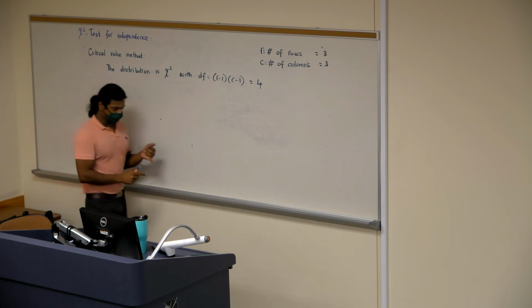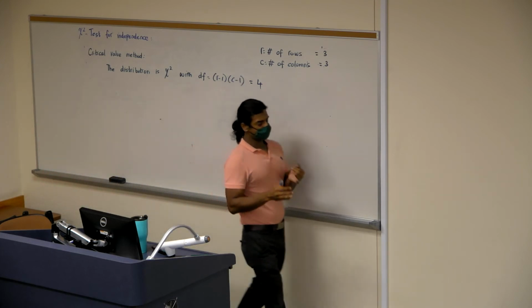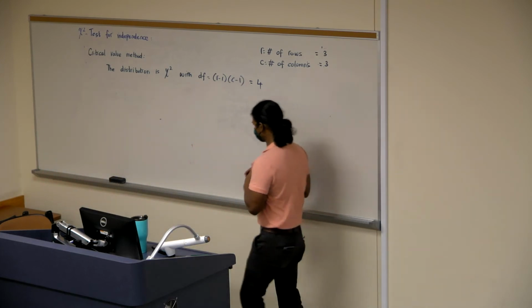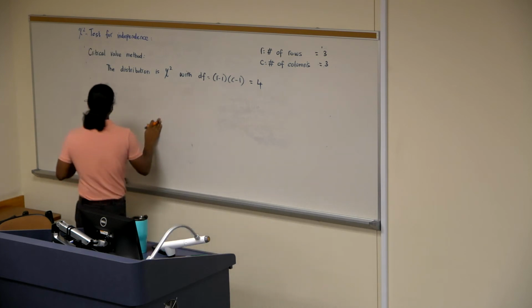So we know the distribution, we know the degrees of freedom, now we have to find the critical value.